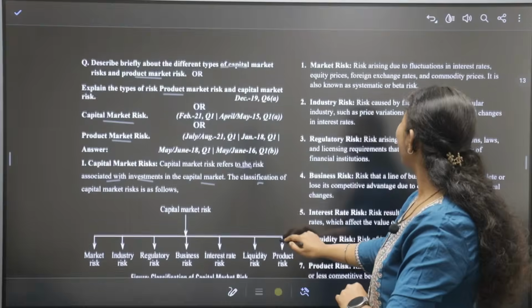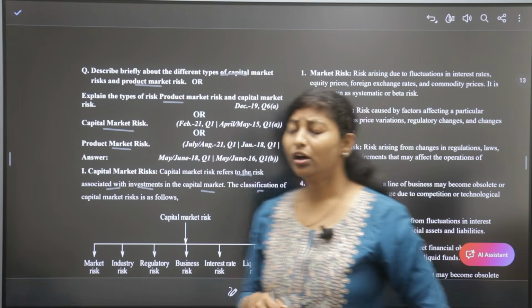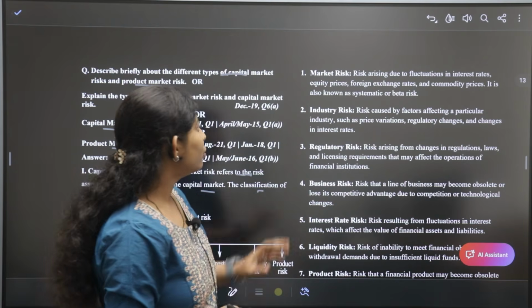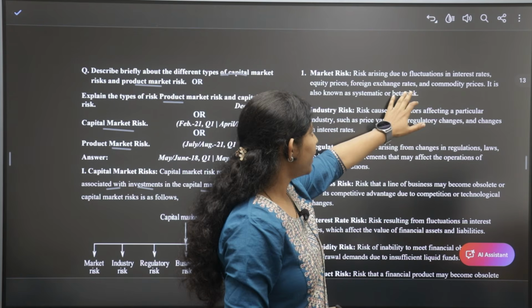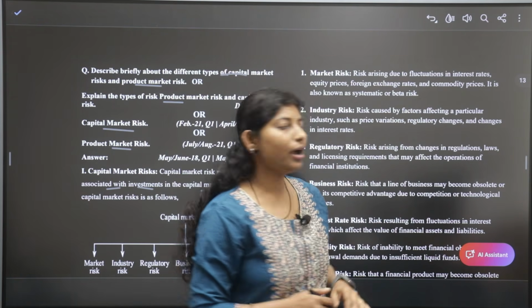So here we have market risk. Risk arises due to fluctuation in interest rates, equity prices, foreign exchange rates and commodity prices. It is also known as systematic or beta risk.